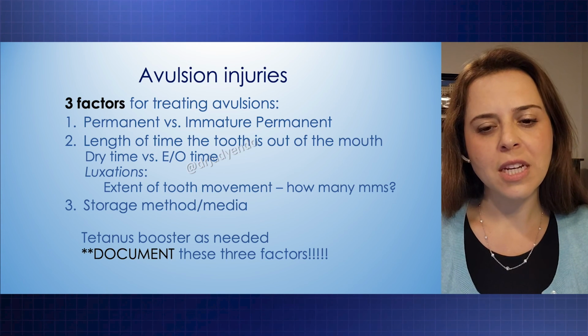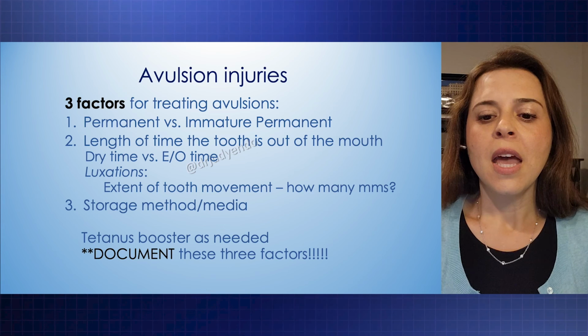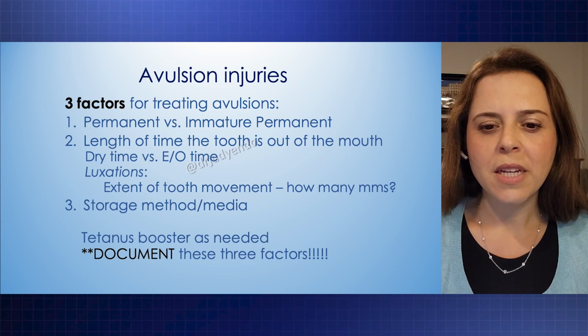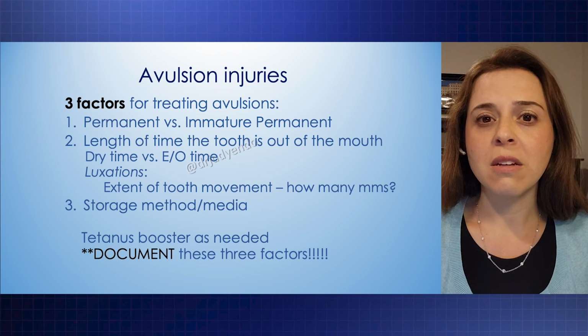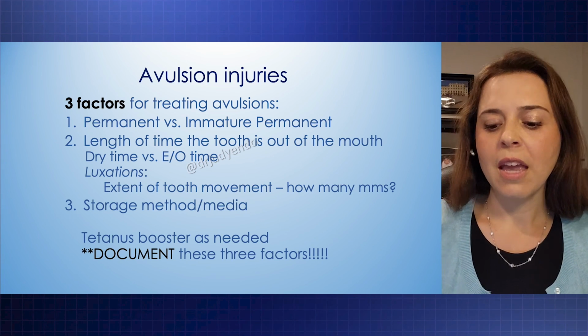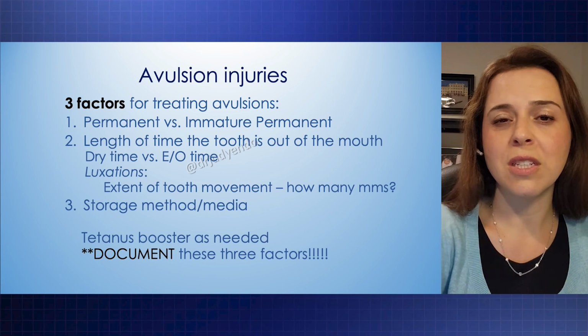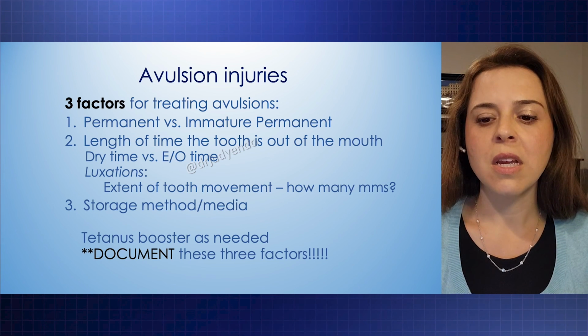And then for luxations, again, the extent of the tooth movement. Again, document all of these 3 factors: storage media, length of time the tooth was out of the mouth, and the development of the tooth. And for the luxations, how far did that tooth move, or how far does the patient think the tooth moved, because they're going to forget.